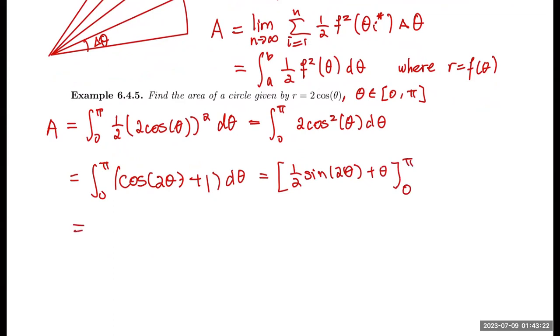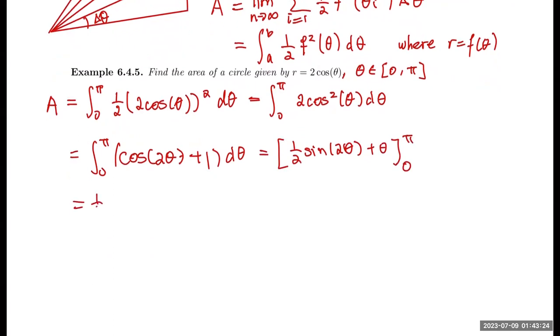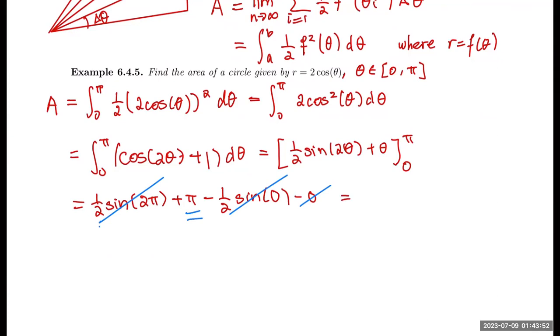And the value that we end up with: half sine 2 pi plus pi minus half sine 0 minus 0. Obviously this one's 0, this one's 0, this one's 0. Those are gone. What we're left with is just pi, which is indeed what we wanted to obtain.